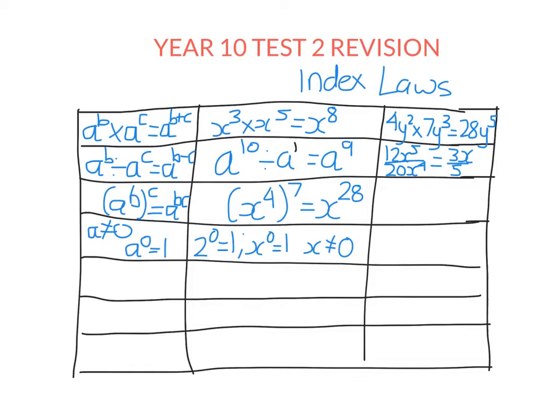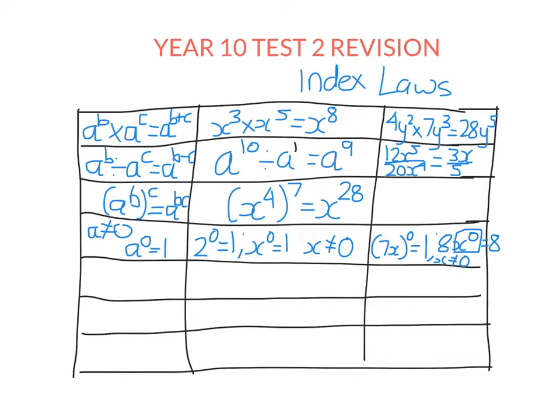If you have something like (7x) to the power of 0, you're raising everything in the brackets to the power of 0. That is 1, as long as x is not equal to 0. But if you had something like 8x to the power of 0, once again with x not equal to 0, this time only the x is raised to the power of 0, so it's 8 times 1, which is 8.